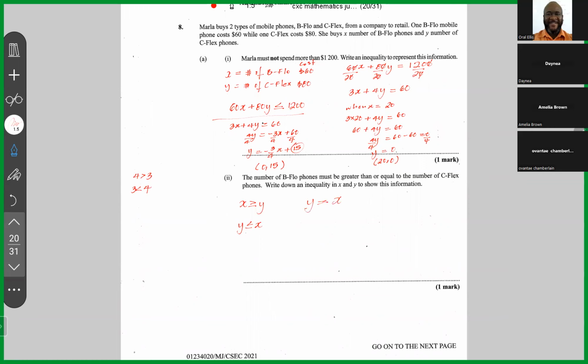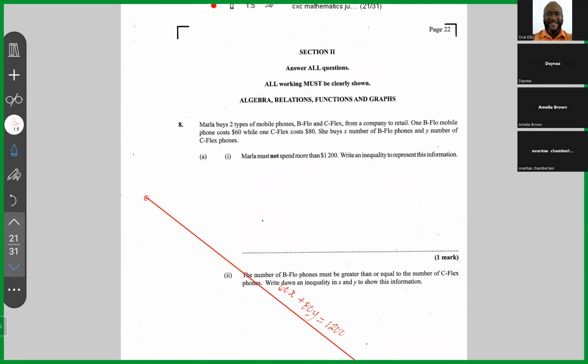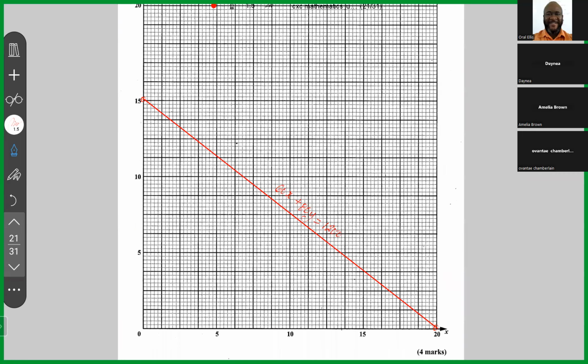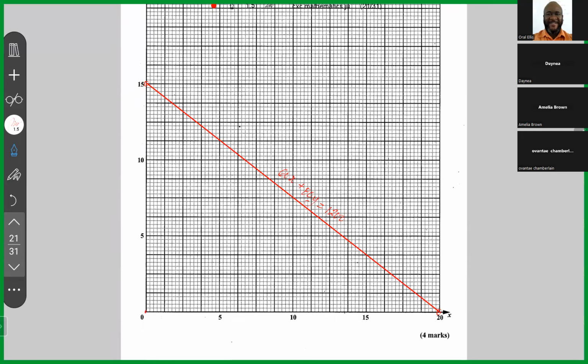Everybody should know by now that the line y is equal to x is a straight line that passes through every point on the graph where x and y have the same value. So it's going to pass through 0, 0, the origin. It's going to pass through 5, 5, 10, 10, and 15, 15. All right, so I line them up, draw my straight line.